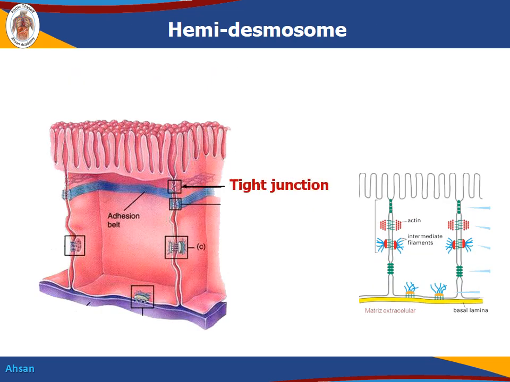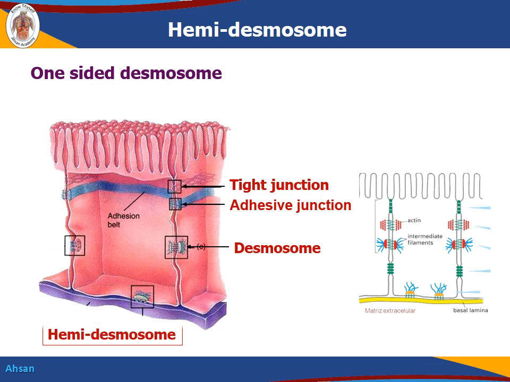Now you can see this is the tight junction, this is the adhesive junction, this one is the desmosome. Now a desmosome may be present near the basement membrane. One side has the desmosome, the other is the basement membrane.